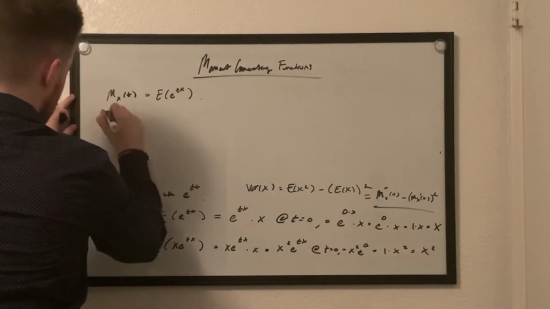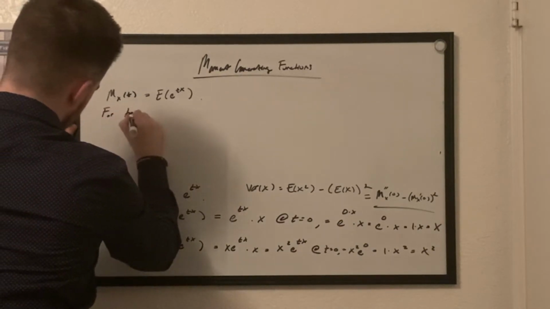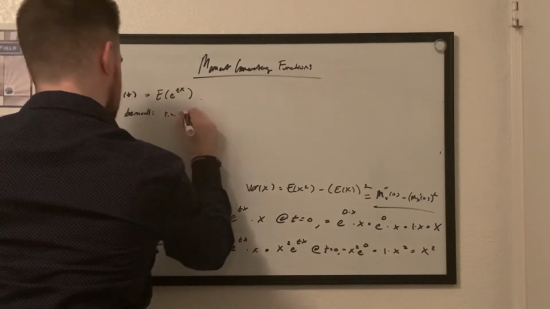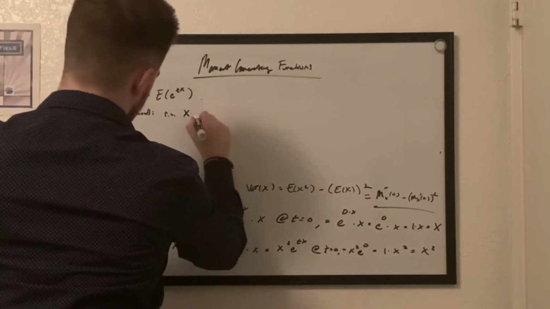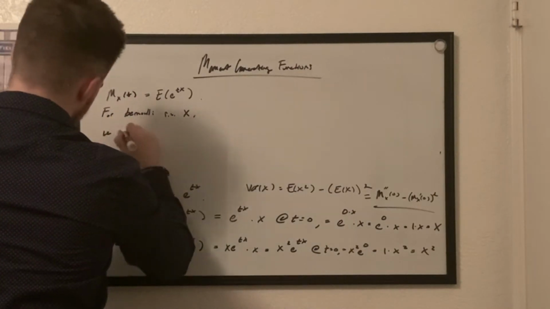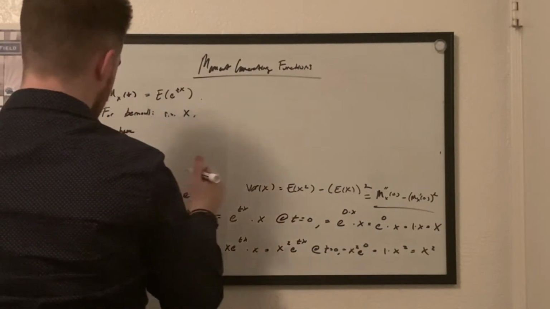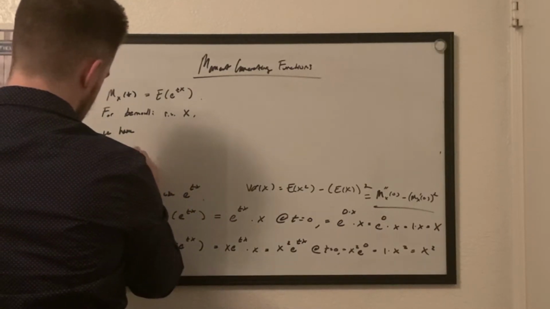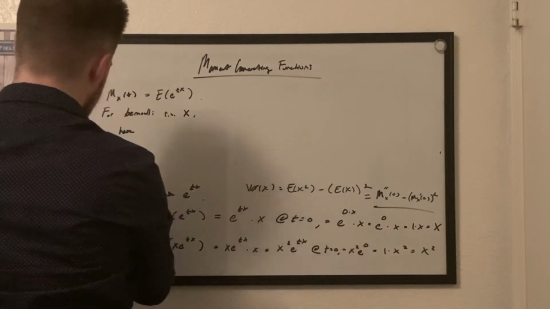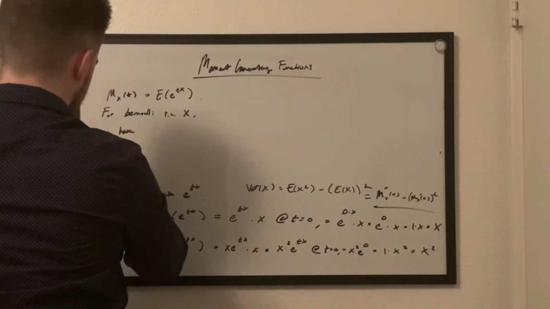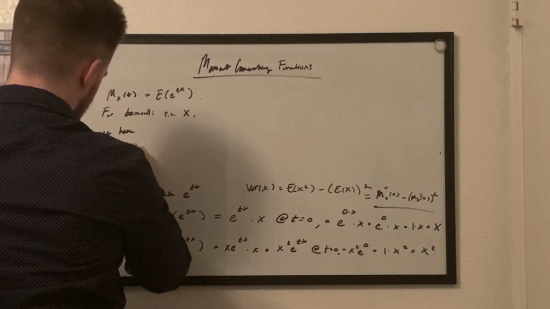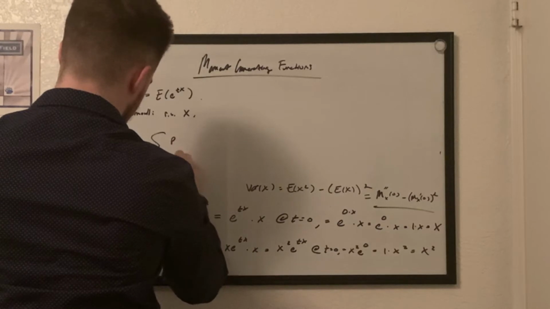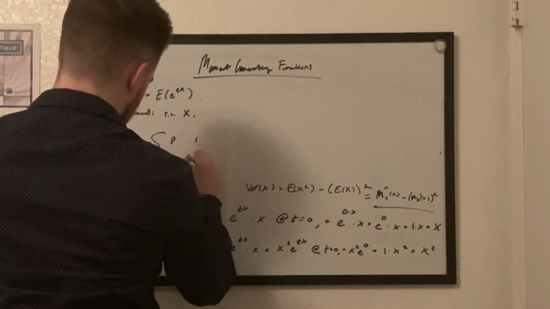So for a Bernoulli random variable x, we have x follows here: the probability that big X equals little x is equal to p and 1 minus p when x is 1 and when x is 0.